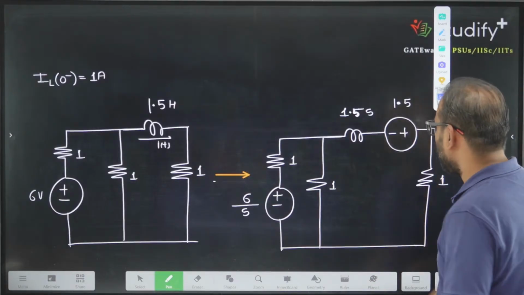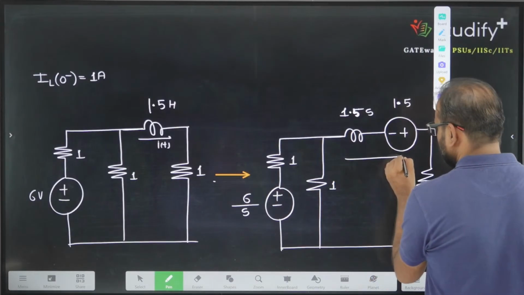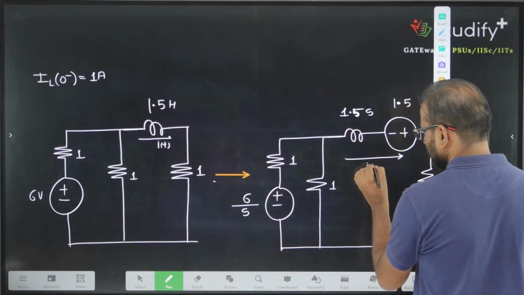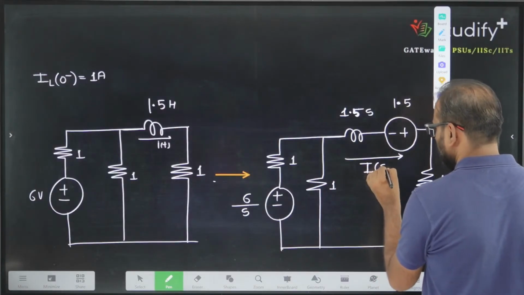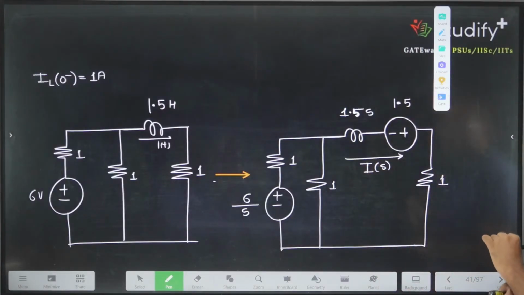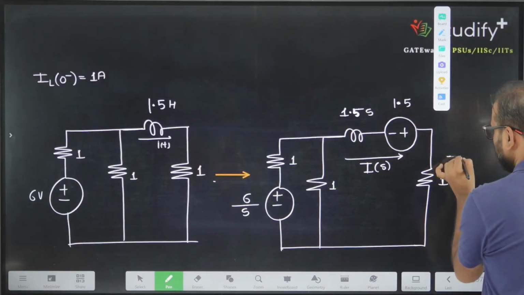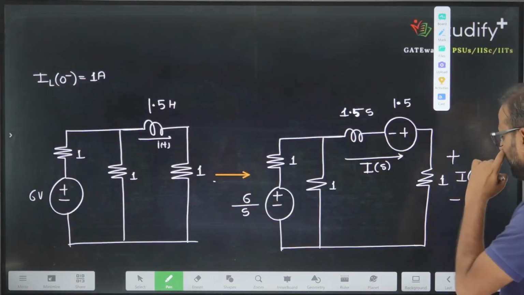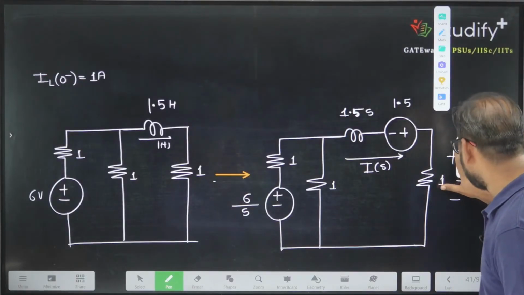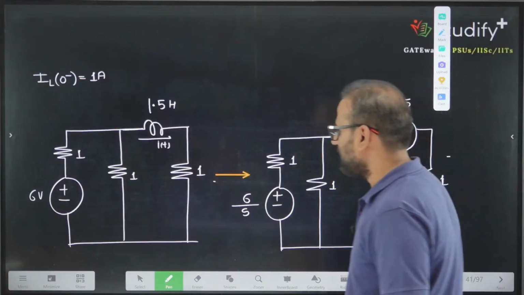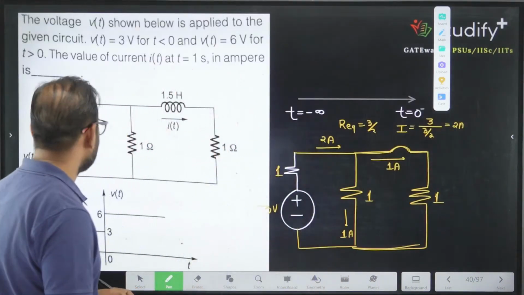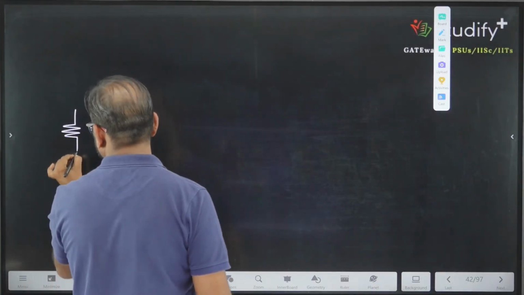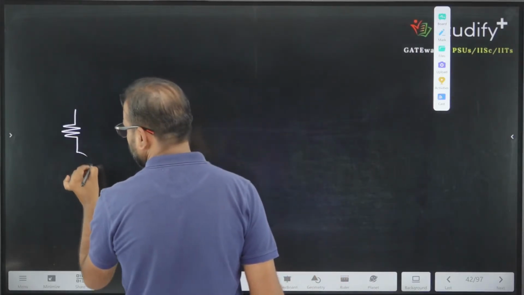Now we are interested in the current in this direction. Let me say this current is I of s. If this current is I of s, what is the potential drop here? Let me redraw this circuit next so that we can approach it. We are having 1 here, 6 by s.